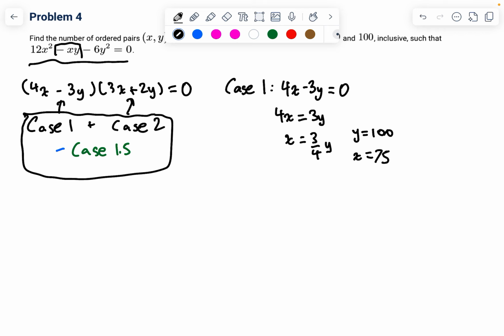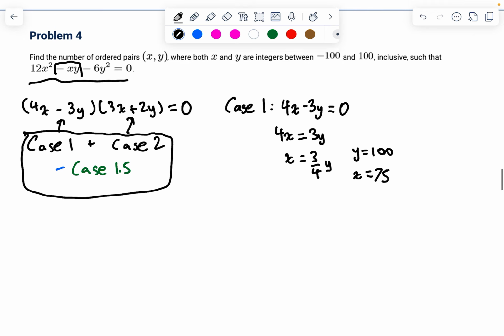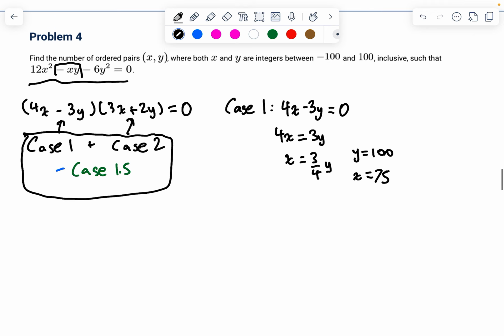So y can be any multiple of 4 between negative 100 and 100, and x will be an integer. And if y equals negative 100, x equals negative 75. So for every multiple of 4 between negative 100 and 100, there will be a different solution.